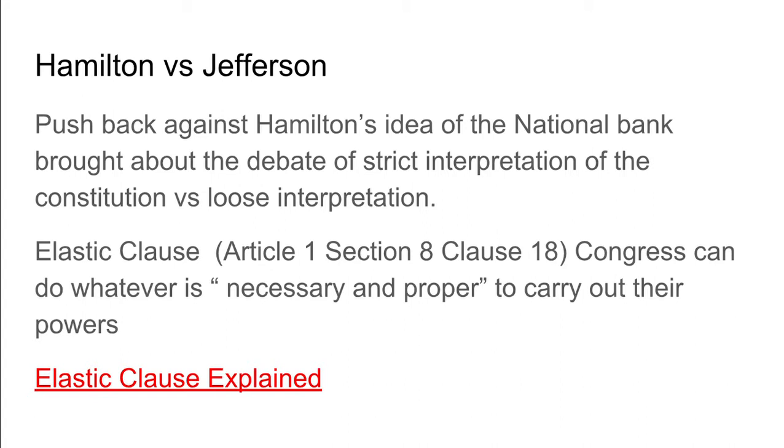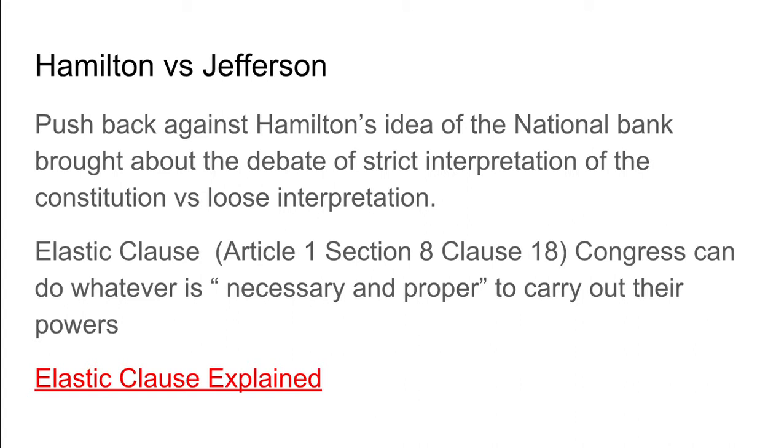You have the strict interpretation of the Constitution. Those are the people that say, what was the intent of our founders? Don't say you're just going to change it. And then you have what's called the loose interpretation. The loose interpretation is going to be those that say, hey, the document and what the framers felt changes. It's a living, breathing document, and it changes over time.